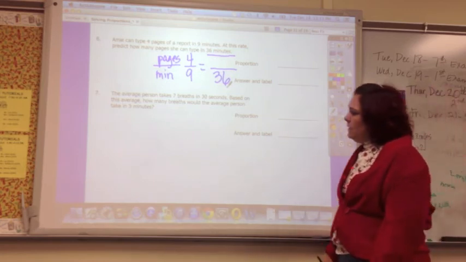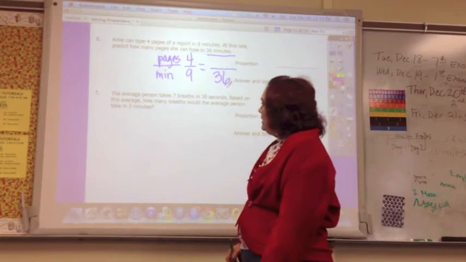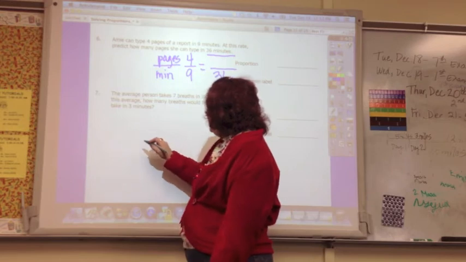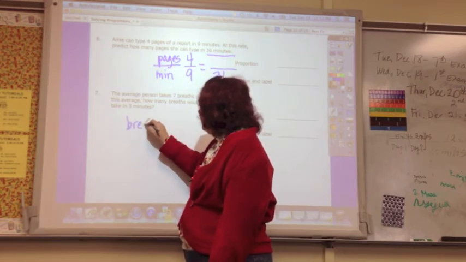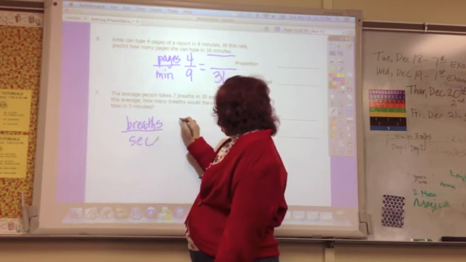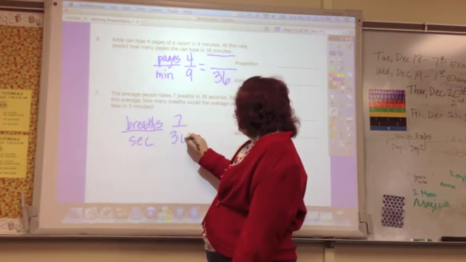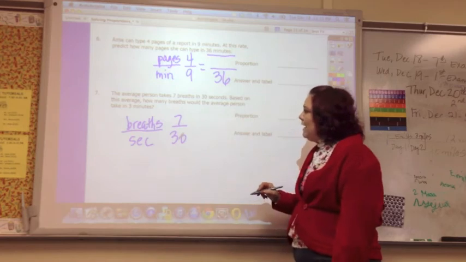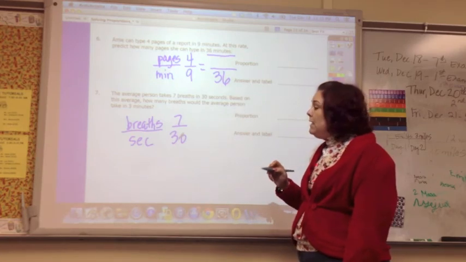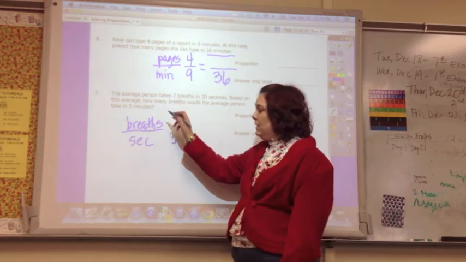Then number 7 is a challenge because it says the average person takes 7 breaths in 30 seconds. So that's breaths in seconds. And 7 breaths, 30 seconds. Based on this average, how many breaths would the average person take in 3 minutes? So how many seconds are in 3 minutes?